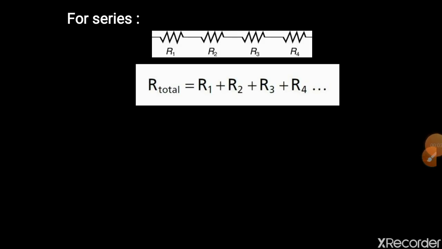In a series circuit, the blood vessels are attached end to end. The total resistance of this circuit will be the sum of resistances of each blood vessel in that circuit.